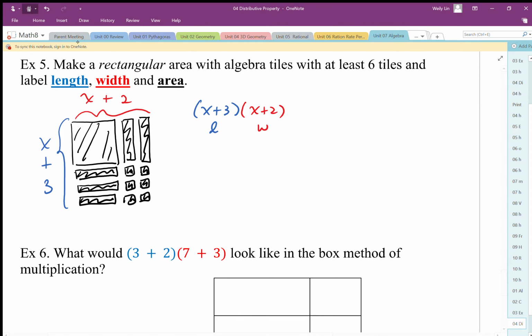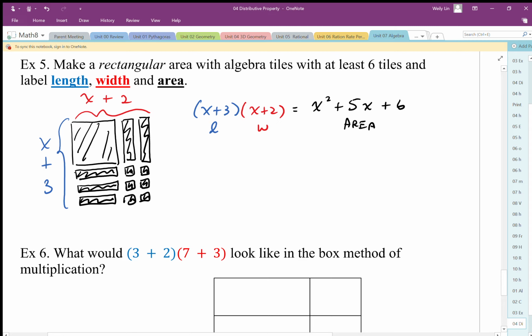But what I do know is my area. I'm not exactly sure how to distribute that, but I know my area is going to be 1x squared, 1, 2, 3, 4, 5 x's, and 1, 2, 3, 4, 5, 6 ones, so plus 6. So this represents my area.